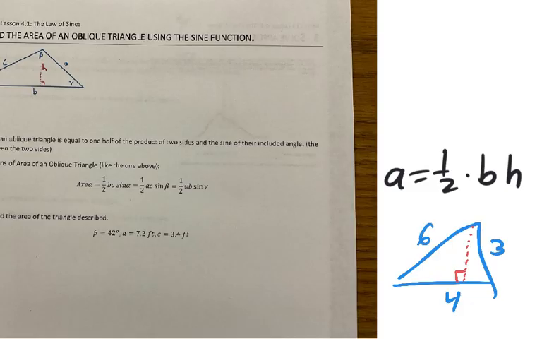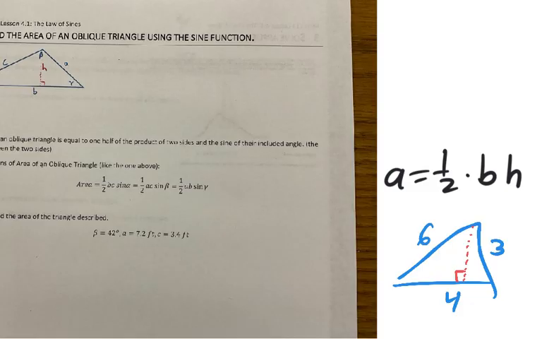But there's actually a formula that will always work, that I don't have to do the trig every time. The area is 1/2 times the base times the height. But it's not necessarily the base and the height, it's just any two sides. 1/2 times any two sides times sine of the angle between those two sides.